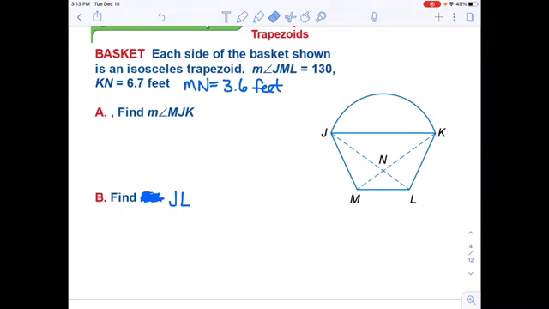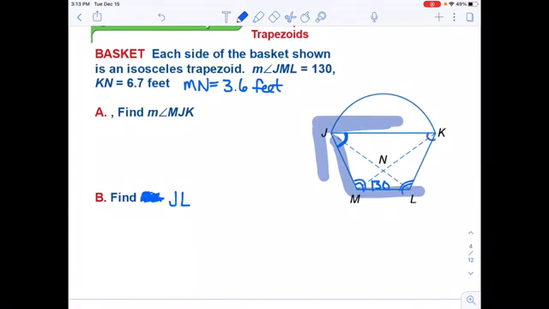So we know all the things above. We know that angle JML is 130 degrees. We are trying to find angle MJK. So we talked above about the consecutive angles that are not congruent to each other, so like M and L are congruent to each other, and angle J and angle K are congruent to each other.